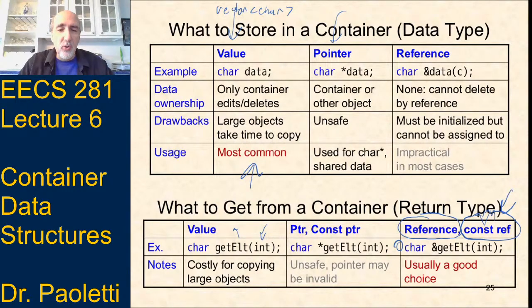So we could do either reference, or const reference, or we could overload it to provide both. That's what the STL tends to do. If I say dictionary sub I, the square brackets operator of the vector returns a reference.